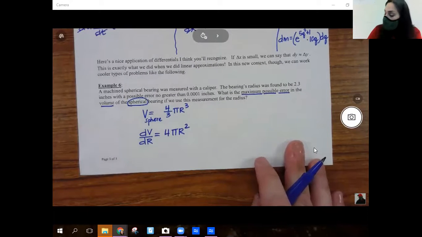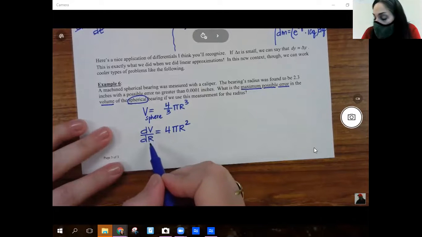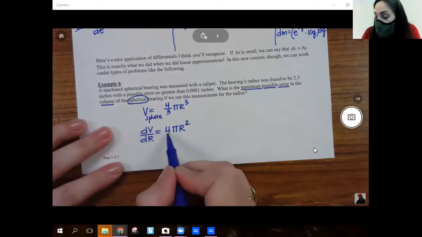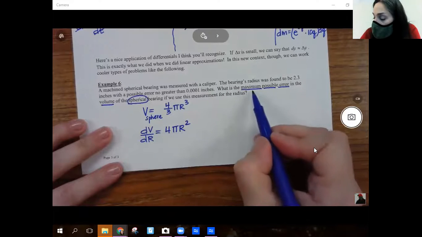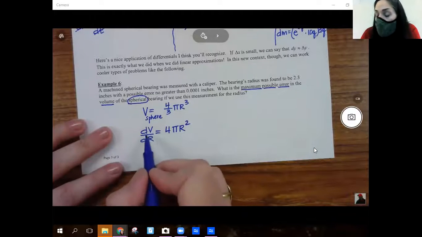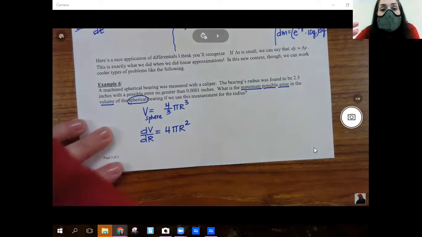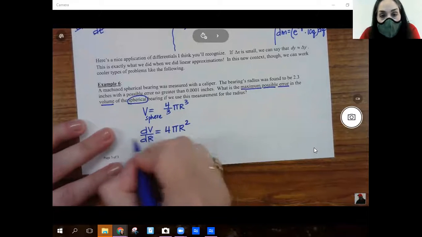Now you know. All right, so the change in the volume over the change in the radius is equal to 4 pi r squared. I want to know what the maximum possible error in the volume would be. So really, I want to know how much the volume is going to change. So I need to solve for dV.